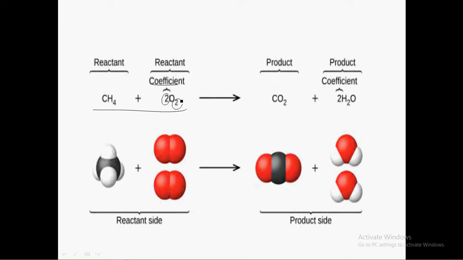So this is the structure of the reactants, the internal structure of methane, and 2 molecules of oxygen. When we add together, we will get the products carbon dioxide and water.